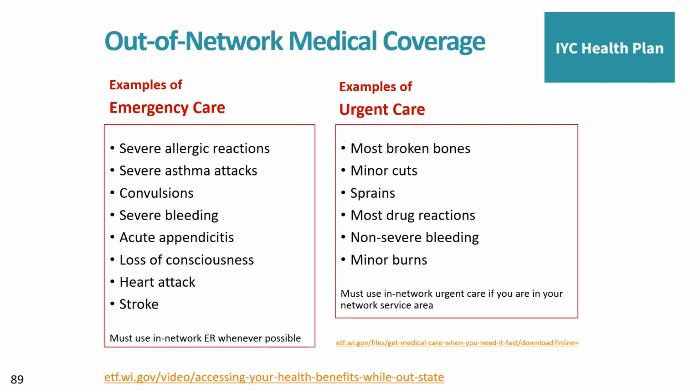There are also examples of urgent care needs here, and you must use your in-network urgent care clinic if you are in your network service area. If you are out of the area completely, you can work with your insurance company, give them a call, let them know that you have an urgent care need.